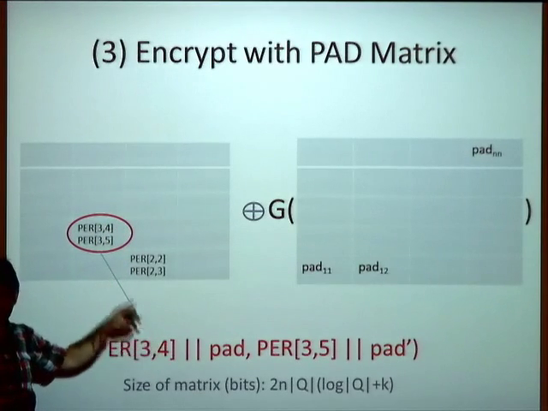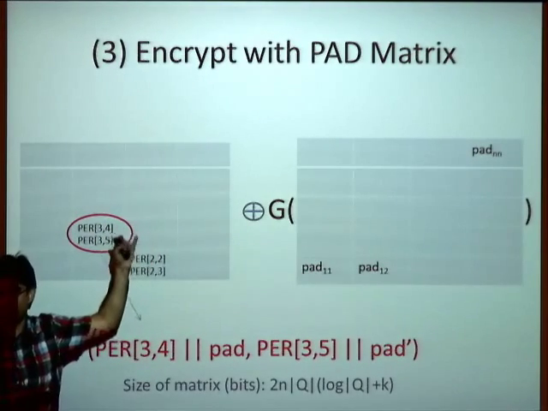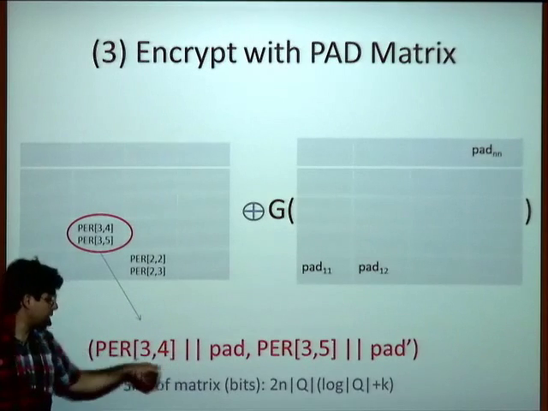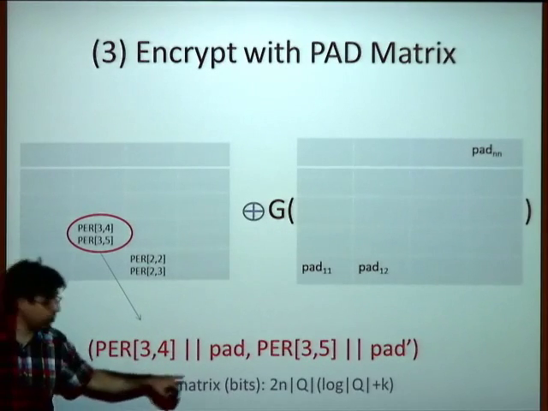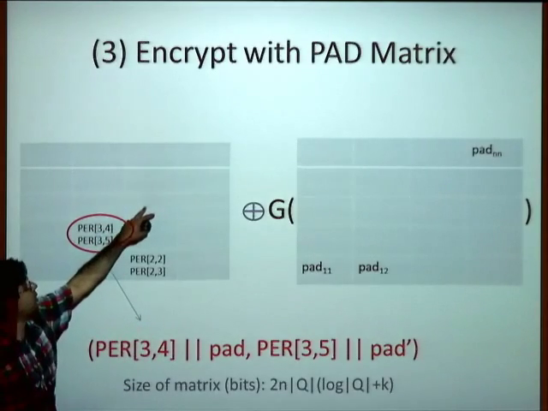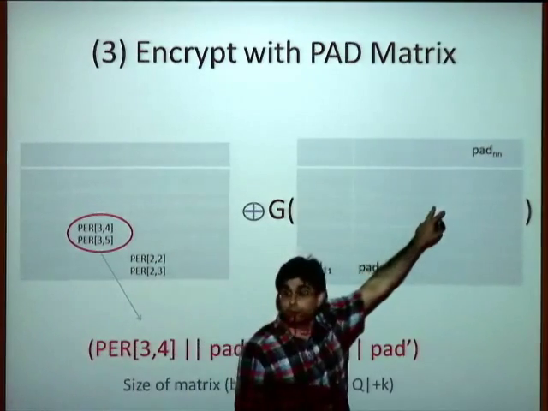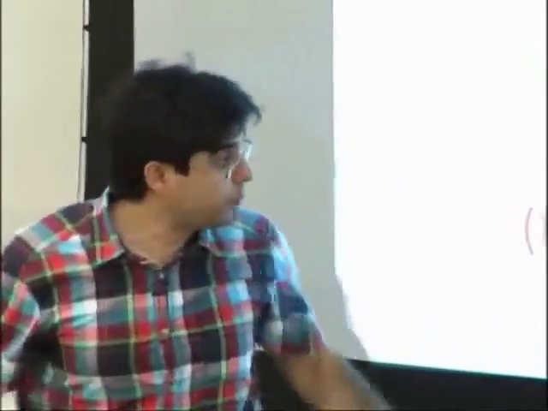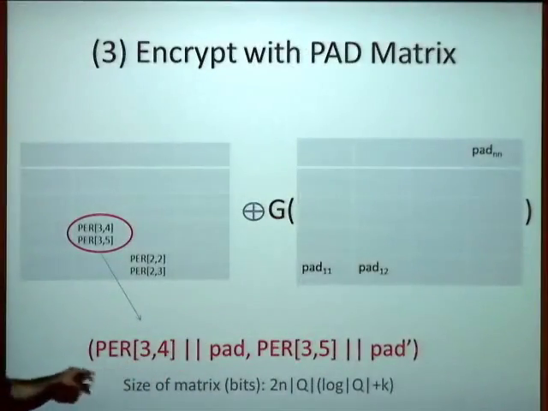So it's the pad for the next state you're going to be visiting, concatenated to the index corresponding to it. So this pad corresponds to pair 3, 4. You have two different pads for each of those. You concatenate those to the indices, and this is what you will encrypt using your pad matrix. Does this make sense?